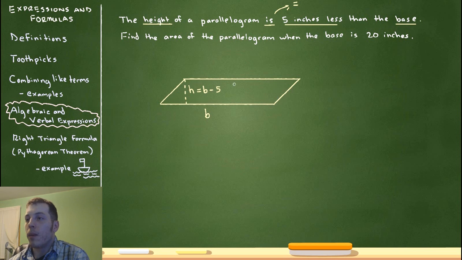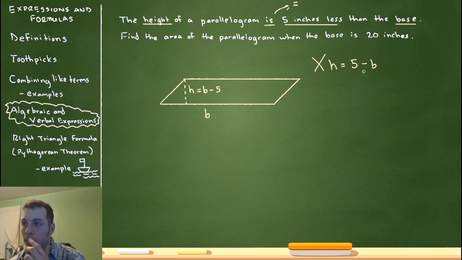A common mistake is for people to translate this as h equals 5 minus the base. That is not correct. We don't want to read less than as subtracting the next portion.